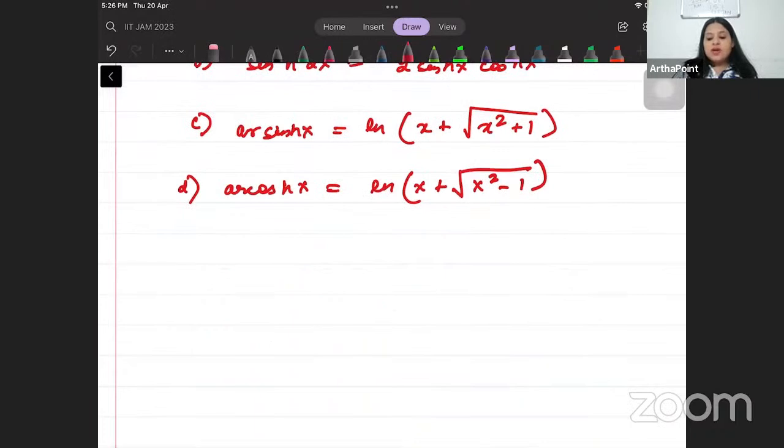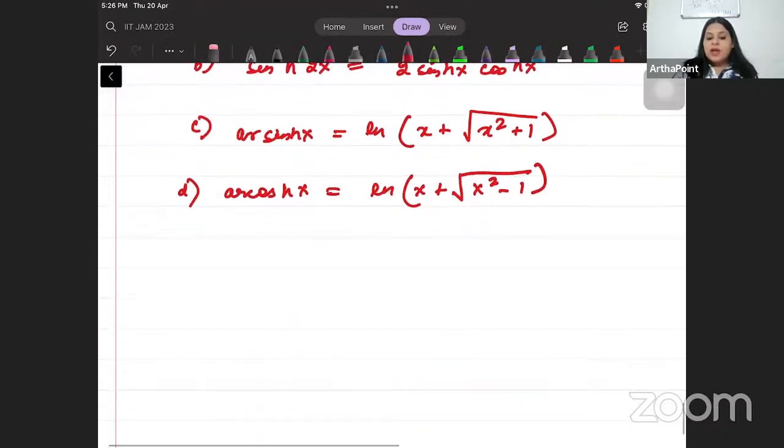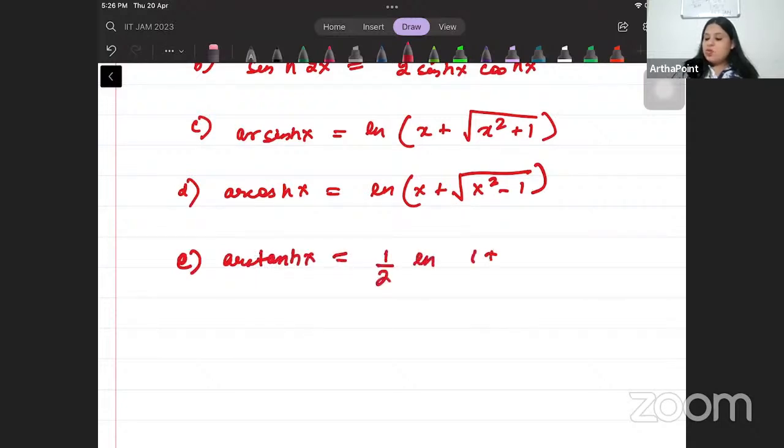So these formulas are also important. Now 5, arc tan hx is half ln 1 plus x upon 1 minus x, mod x less than 1.